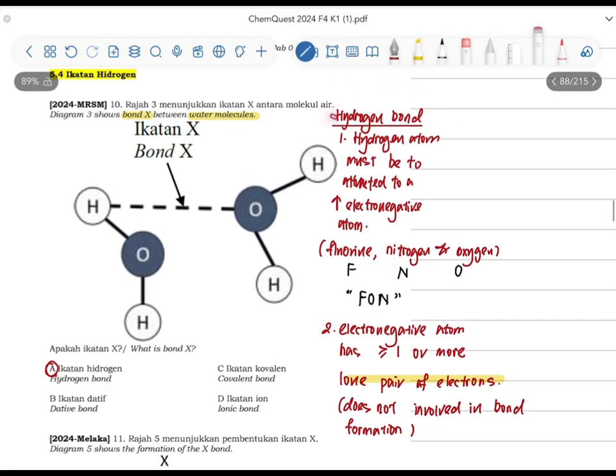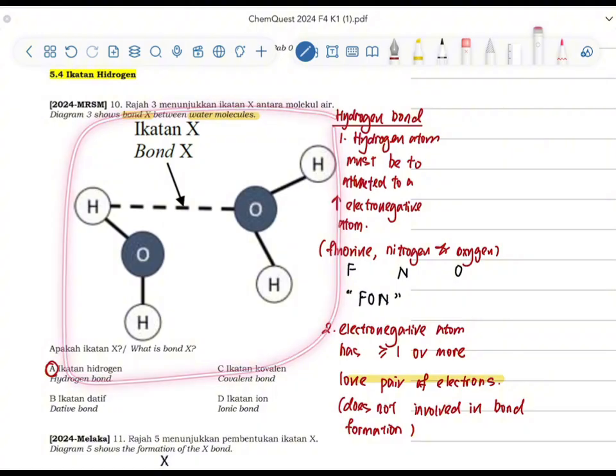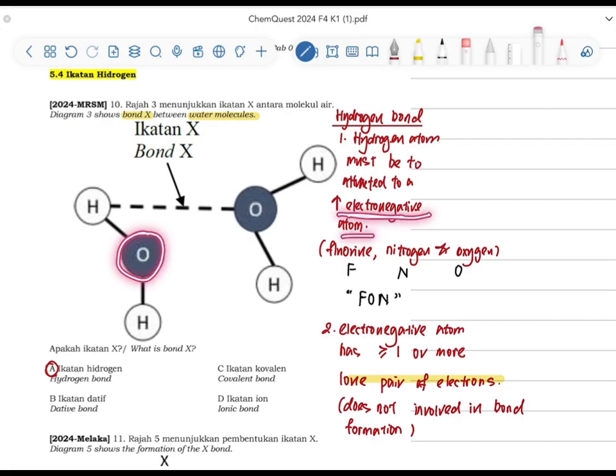In this diagram, the hydrogen atom is bonded to an oxygen, which is a highly electronegative atom, so it fulfills the first criteria. The second criteria is that this electronegative atom, in this example the oxygen atom, has two lone pairs of electrons.